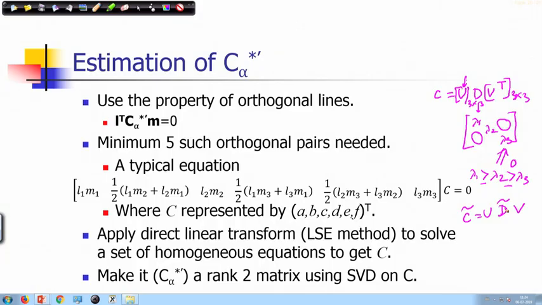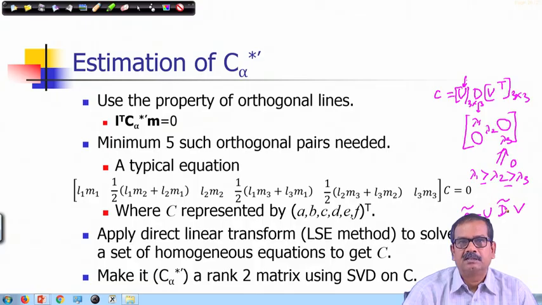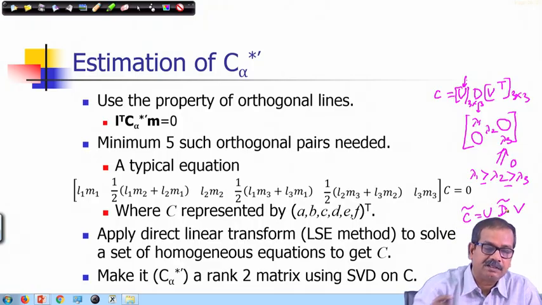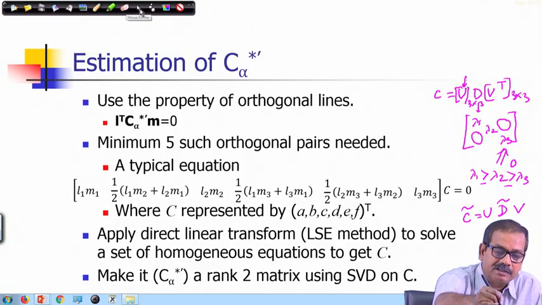So, that is how you can make it a rank 2 matrix. In this way you can estimate the dual line conic at infinity in the transformed space. Now, using this you can perform the metric rectification that I was mentioning. So, let us discuss that part also.